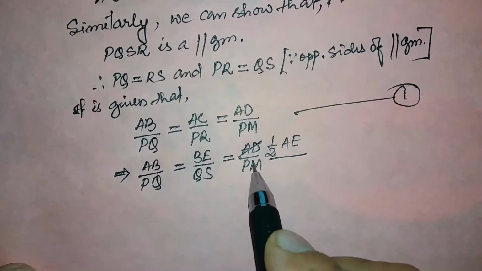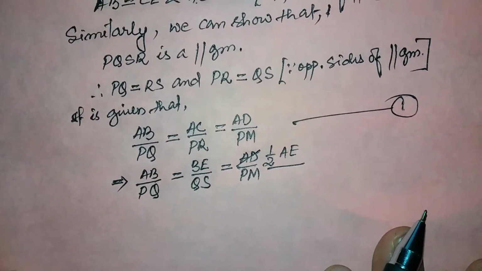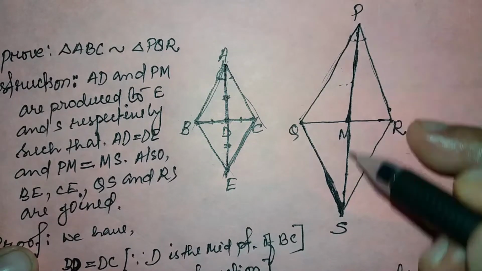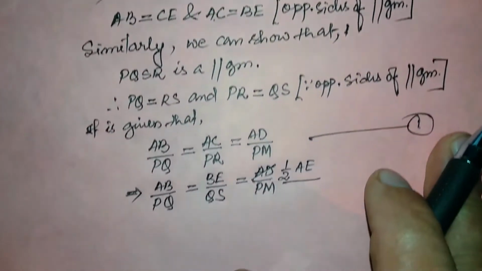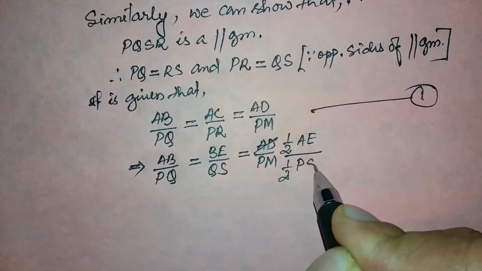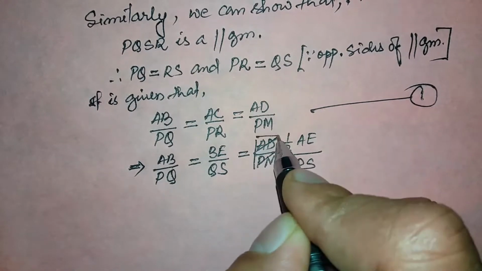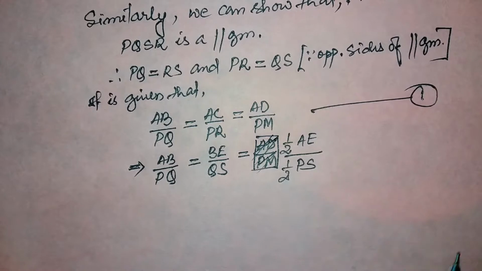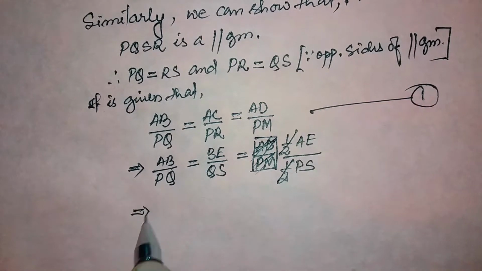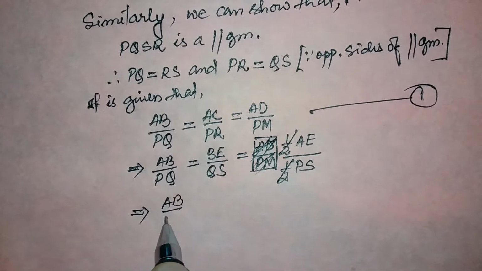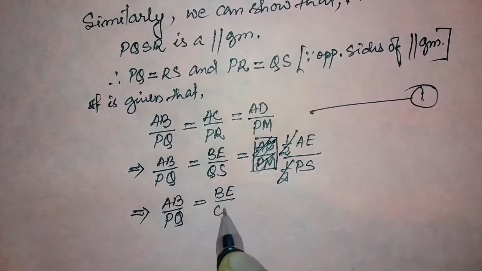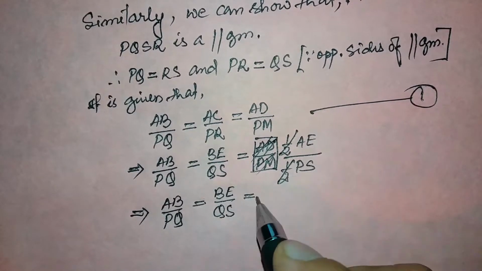And in the denominator, PM we can write as half of PS. So now half and half you can cut. So what we got now is AB by PQ is equal to BE by QS is equal to AE by PS.